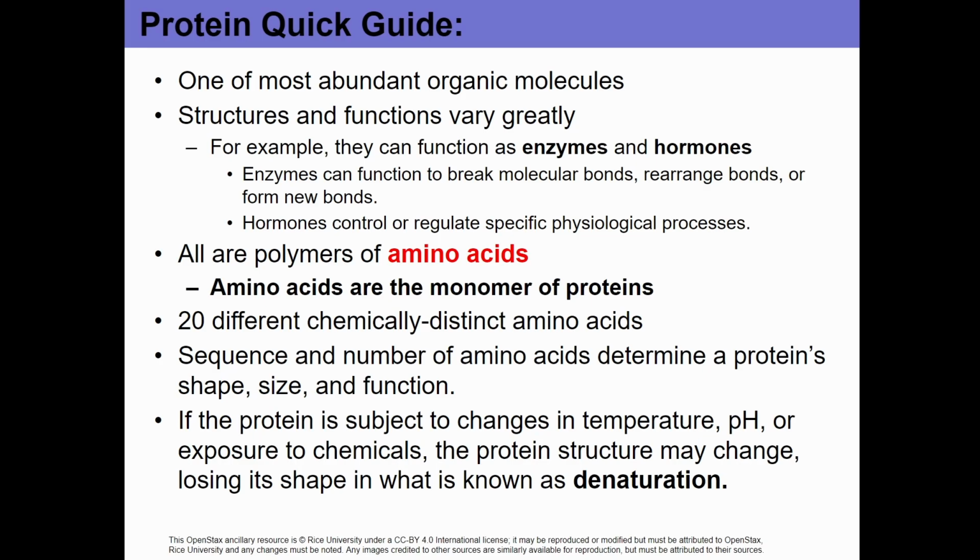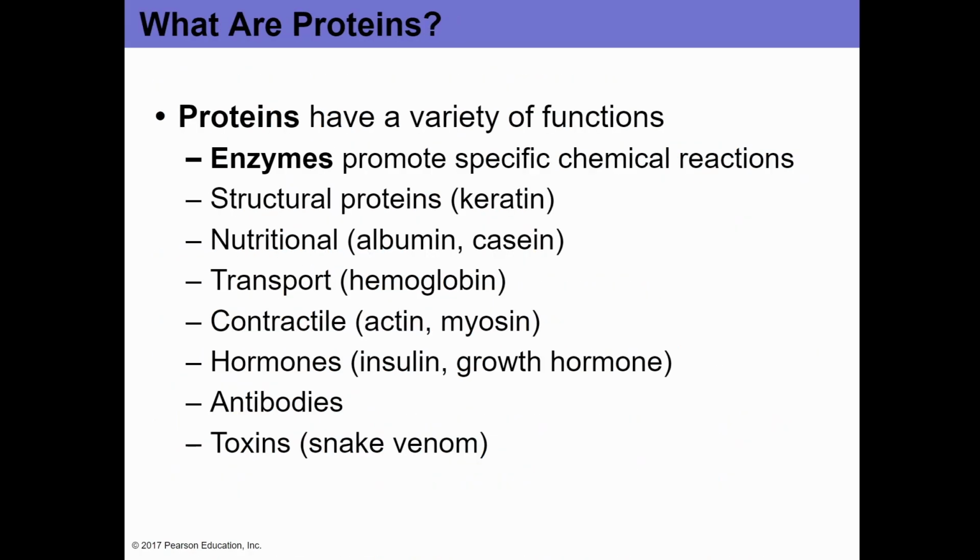And if you change that structure, you can make a protein non-functional, and that process is called denaturation, and is usually accomplished by subjecting the protein to extreme temperature, pH, or chemical changes. So proteins have a variety of functions. We talked a little bit about enzymatic functions, so they're going to speed up chemical reactions.